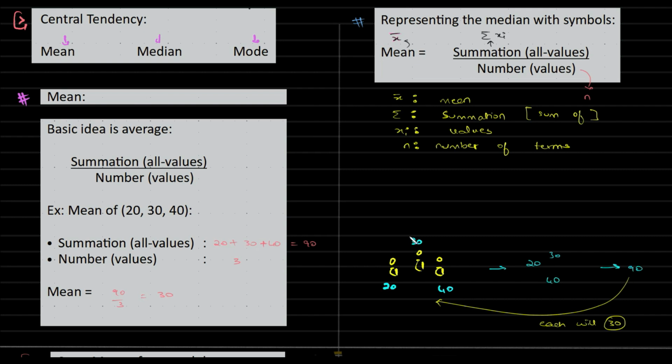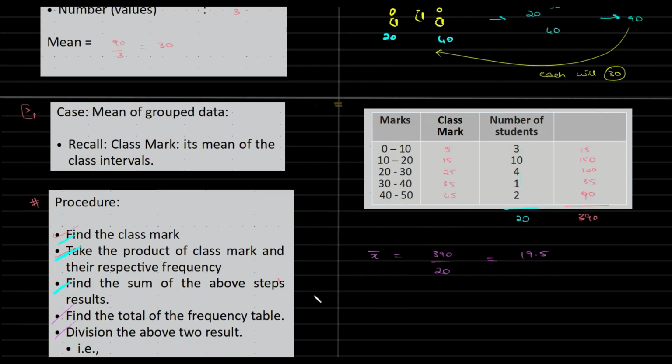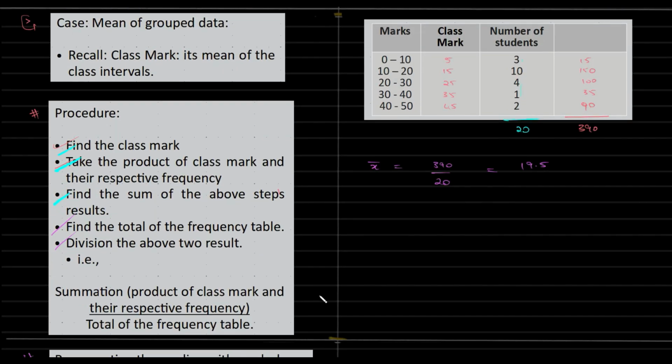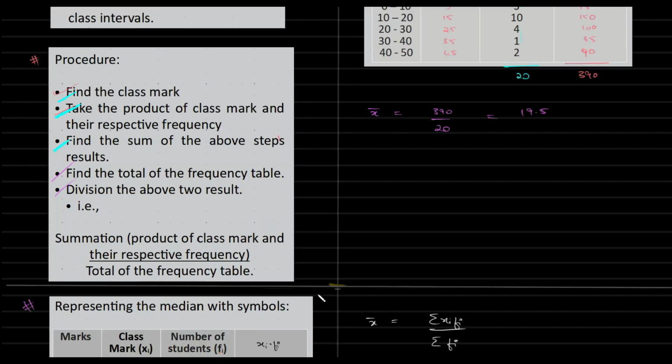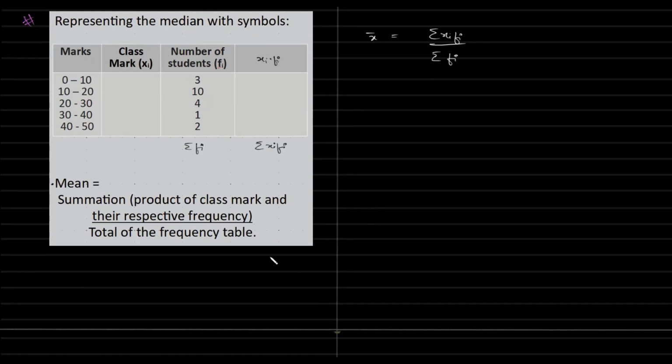Sum of, right? Okay, just let me write it here as well. This is x bar, summation is this, product of xi and fi, and the total frequency is, total is again summation, frequency is fi.